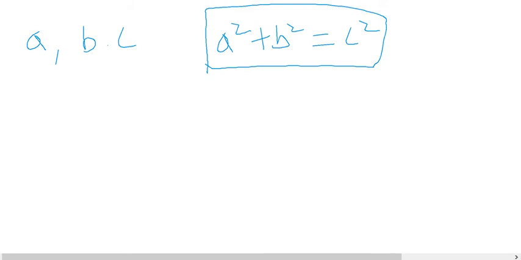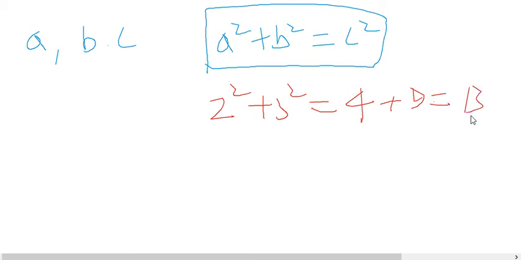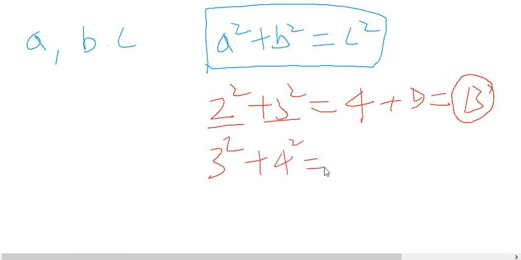There are some examples for Pythagorean triplets, like 2 square plus 3 square. 2 square is 4, 3 square is 9, so 9 plus 4 is 13. Okay, 13 is not a square of any number. So there is no Pythagorean triplet for 2 and 3. Moving on, let's say 3 square plus 4 square. 3 square is 9, 4 square is 16, and 16 plus 9 is 25.